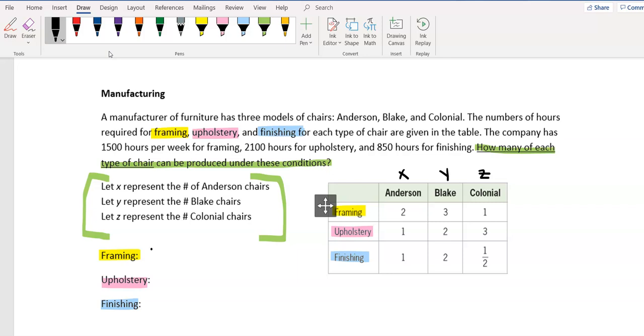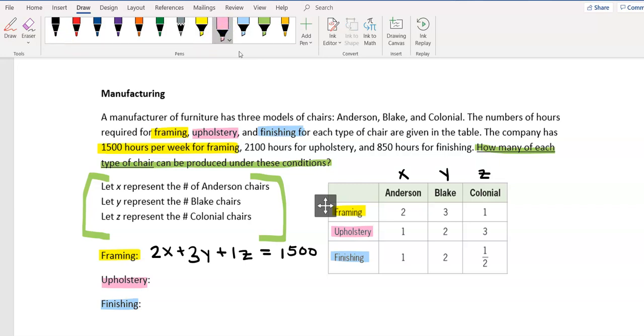So that would be represented as 2 times X plus 3 times Y, plus 1 times Z. And the total number of hours that the company can spend on framing, if you recall, is 1,500. So I'm going to set this equal to 1,500.